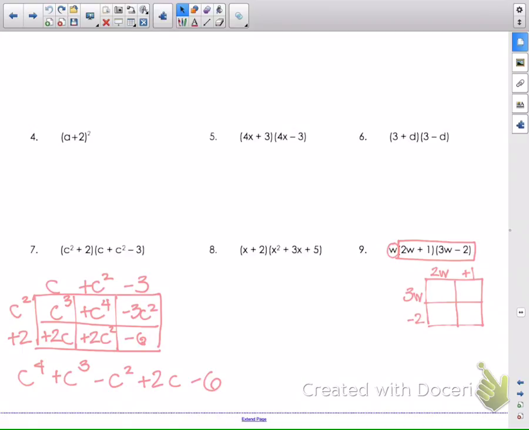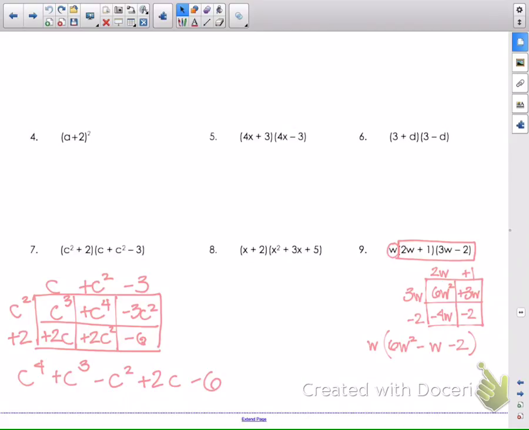So, on this then, we're going to multiply this out, get 6W squared plus 3W minus 4W minus 2. Hang on. So we're going to combine like terms now. 6W squared, when I combine my like terms, how many W's do I have in the middle? Minus 1W minus 2. Now, we distribute my W. What about 3W?